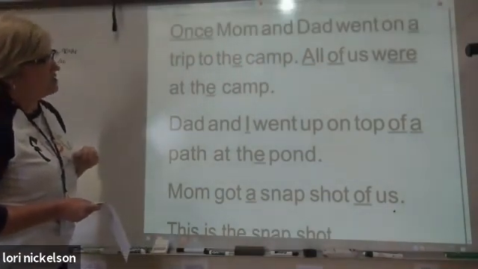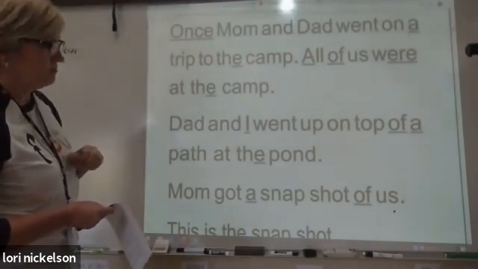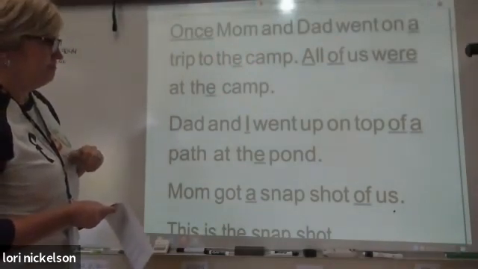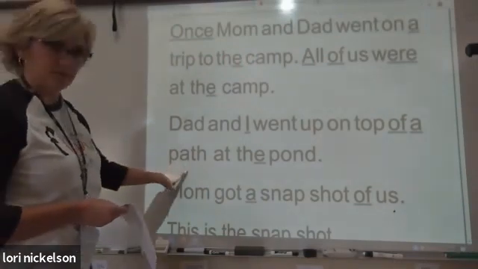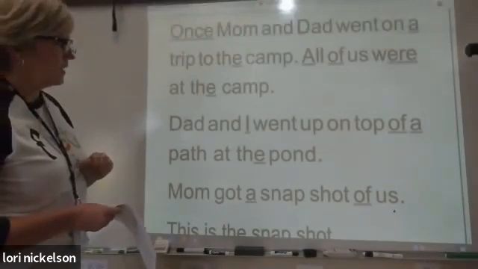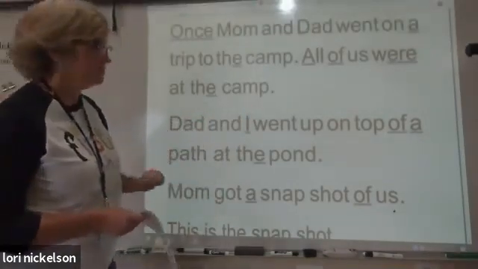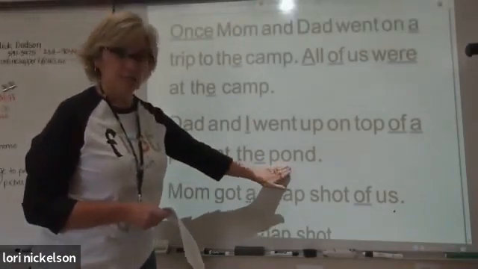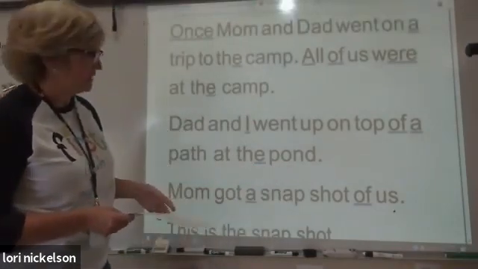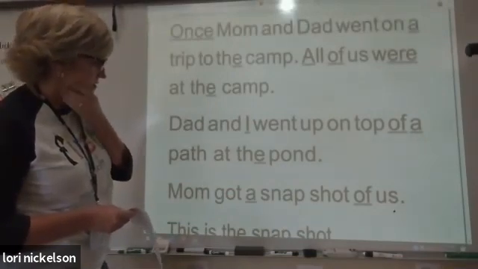Can you find a thing on the page also? Ooh, a path. Good. Path is a thing. Camp. Oh, well, that would be a place, but it could be a thing too. Pond is a thing. Good. All right. That's good.